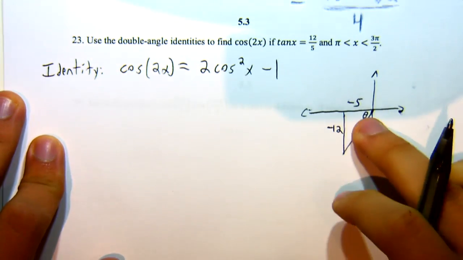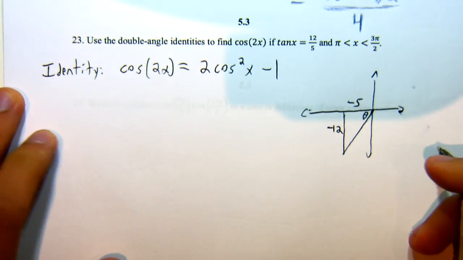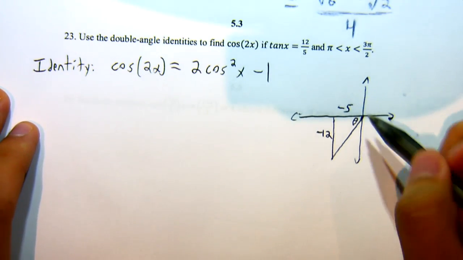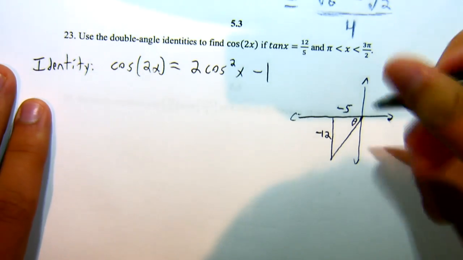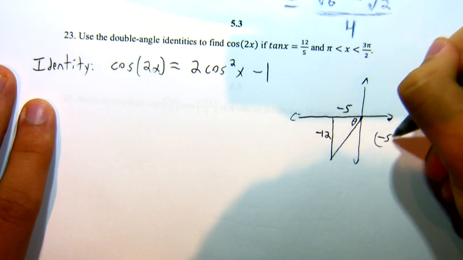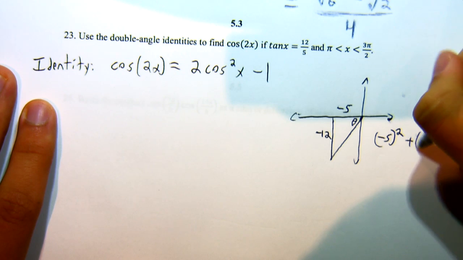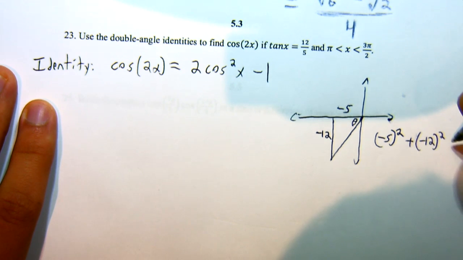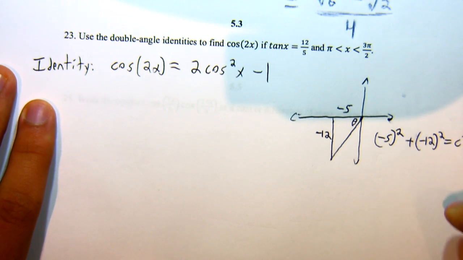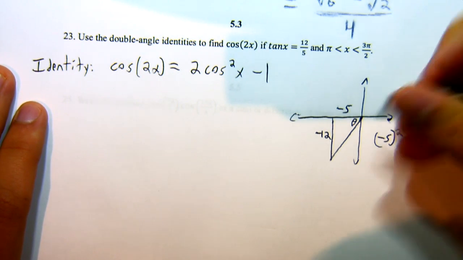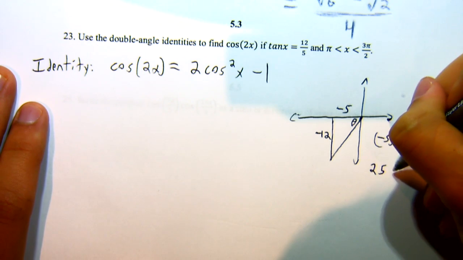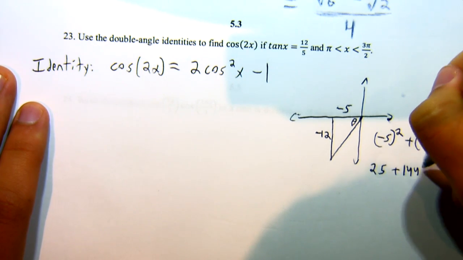We know it's in quadrant 3, so these are negative values. And now we use Pythagorean theorem to find the hypotenuse. 25 plus 144.